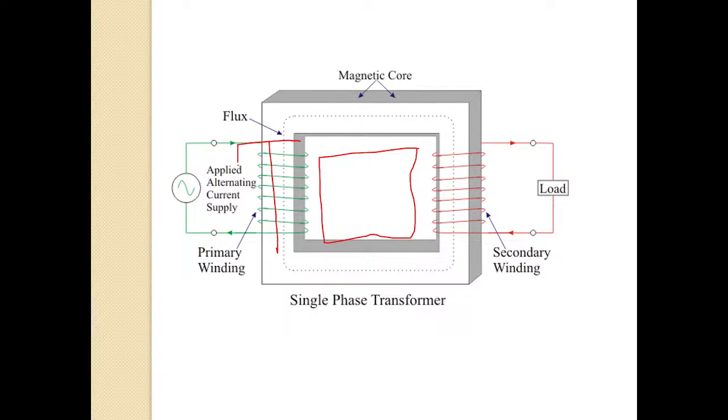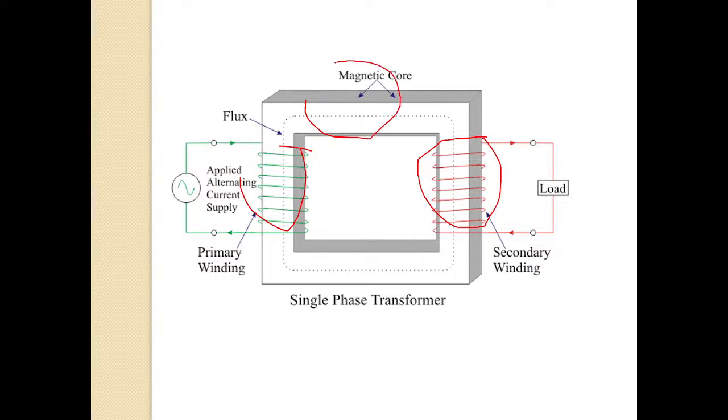This section is one limb, this section is another limb, so two limbs are there. The upper horizontal sections are known as yokes. Vertical portions are known as limbs and horizontal portions are known as yokes: upper yoke, lower yoke and vertical limbs.